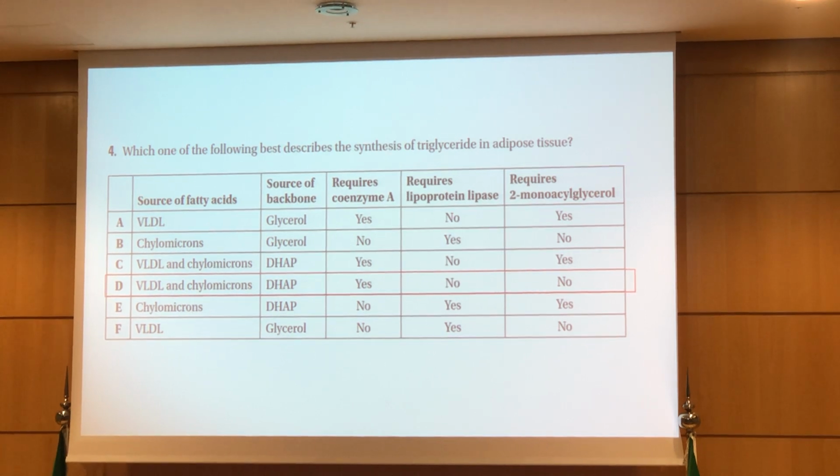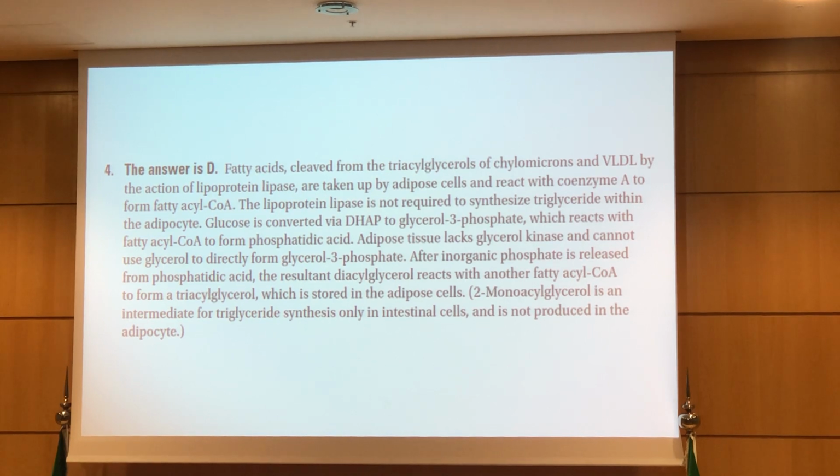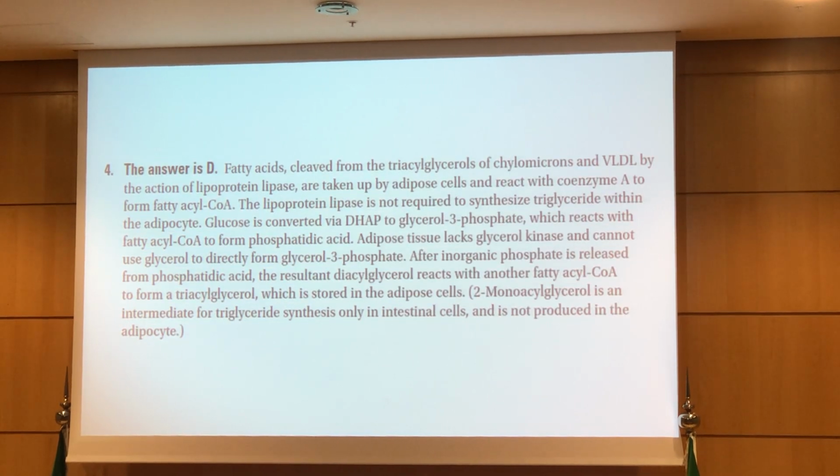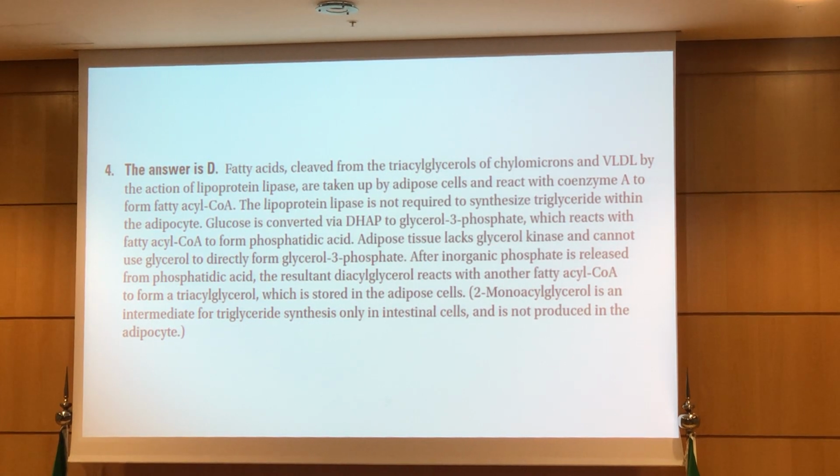And again, that would be the no. You got the picture? Lipoprotein lipase is not required. Third line down, please. Glucose is converted to DHAP, which then is converted to glycerol 3-phosphate. After inorganic phosphate is released, the resultant diacylglycerol reacts with another fatty acid to give you triacylglycerol.